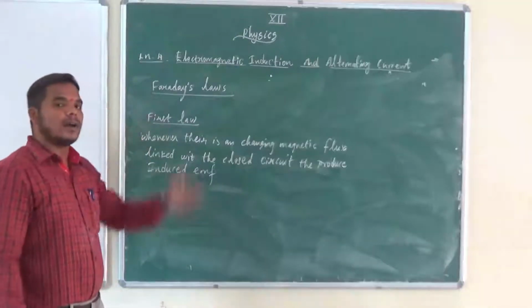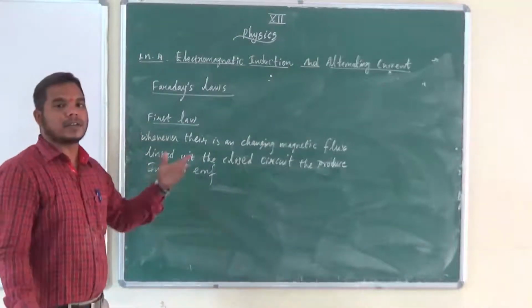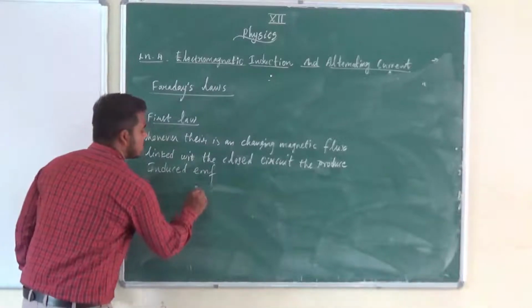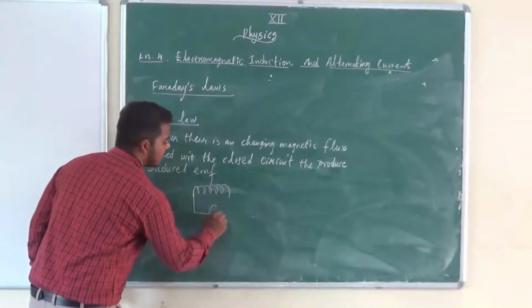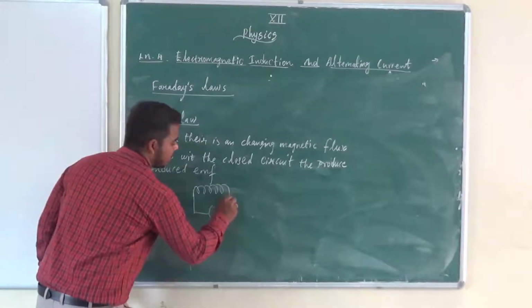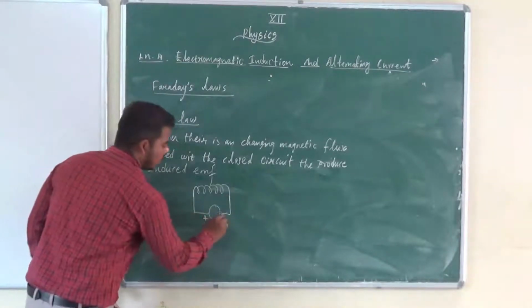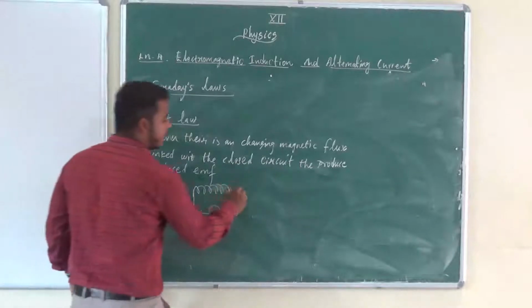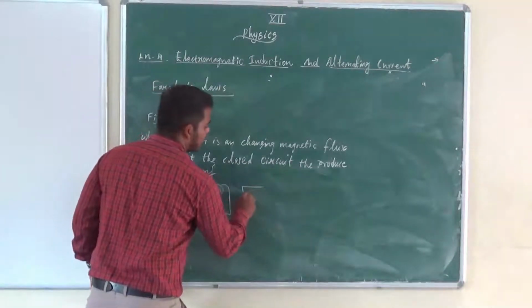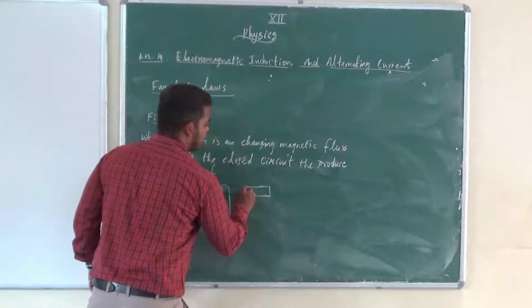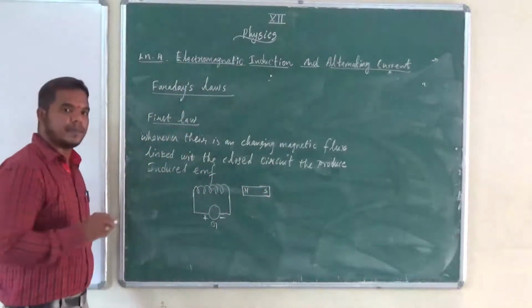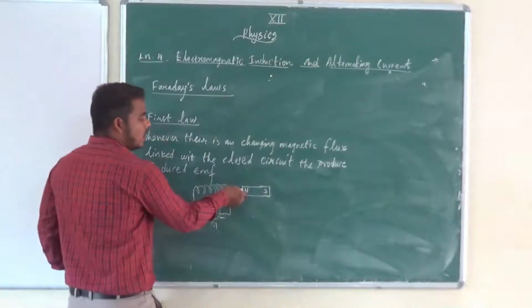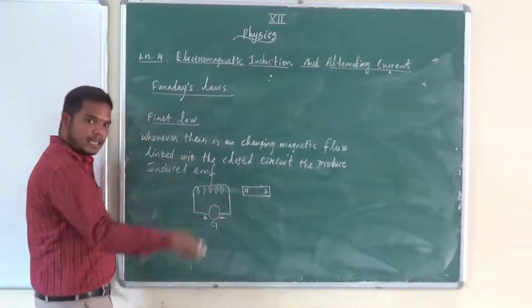Suppose I give the experimental verification or diagram. See, I have taken a coil. The coil is connected to a galvanometer, positive and negative. I will take a small bar magnet. Whenever there is a change in magnetic flux, the magnet produces magnetic lines.